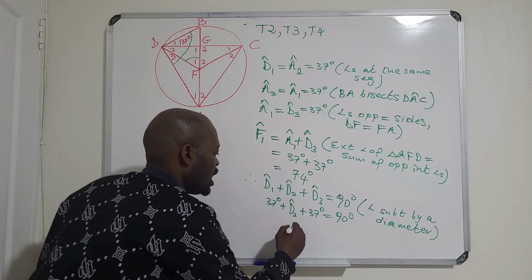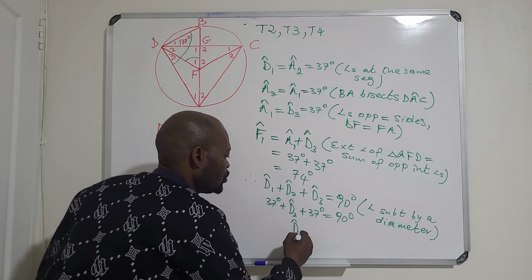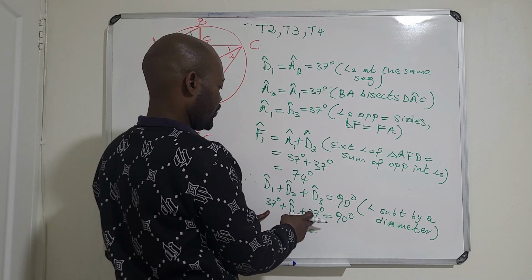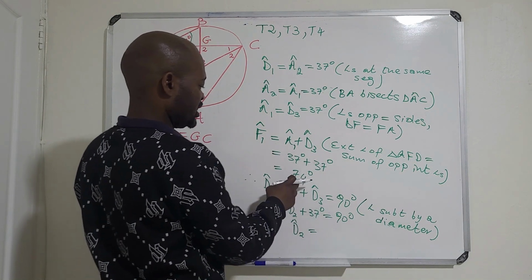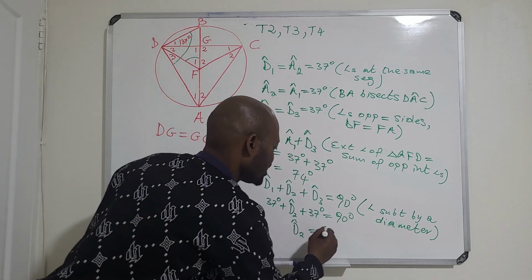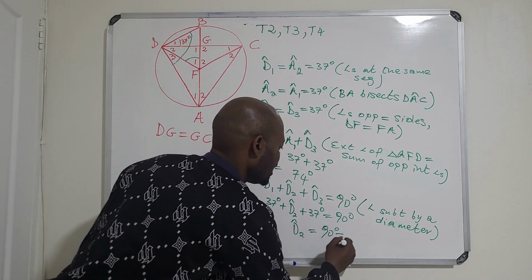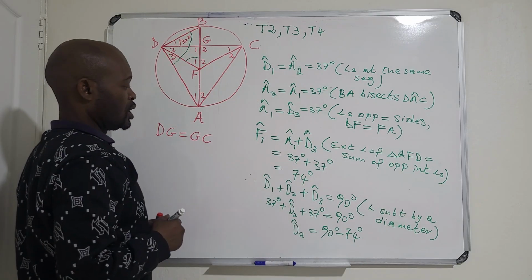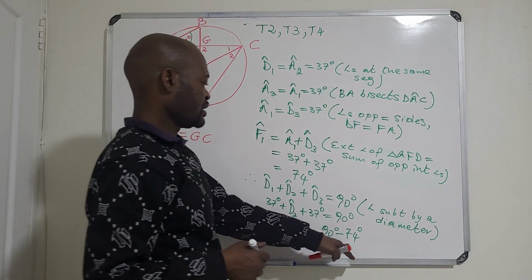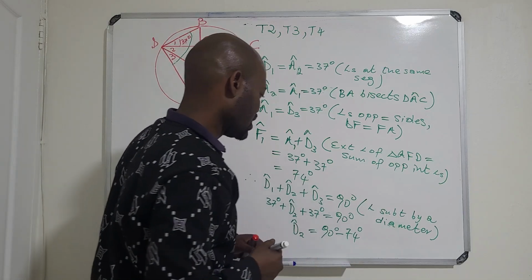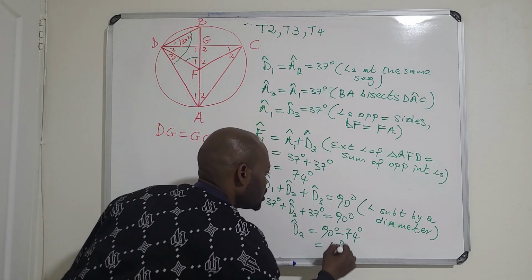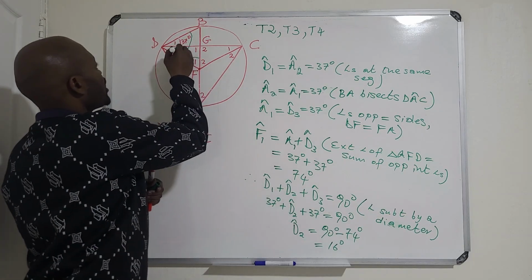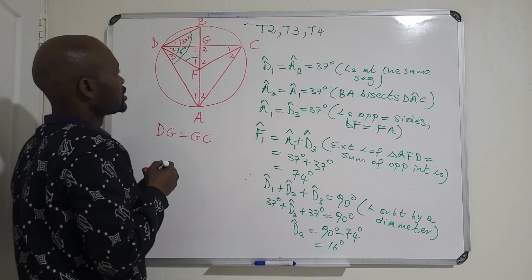Now, angle D2, 37 plus 37 is going to be 74. Therefore, it's going to be 90 minus 74. Now, 90 minus 74 is going to be 16 degrees. Now, we do know that this is 16 degrees.